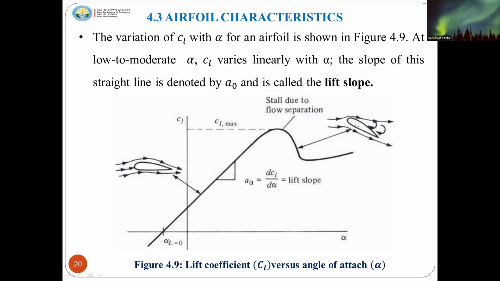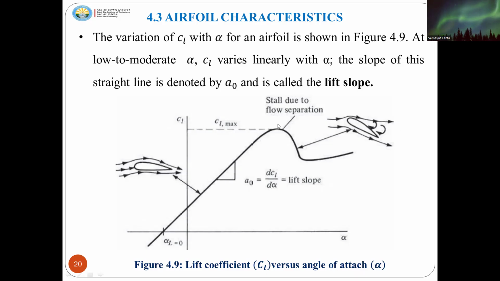The flow pattern on the aerofoil is also characterized differently than before. The maximum point at which CL becomes CL max is known as the critical angle of attack. The angle of attack which belongs to CL max is called the critical angle of attack or stall angle of attack.